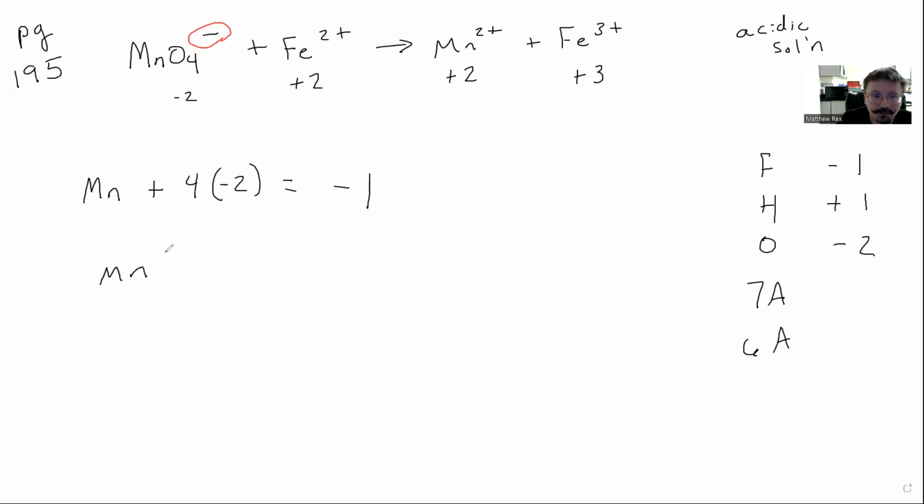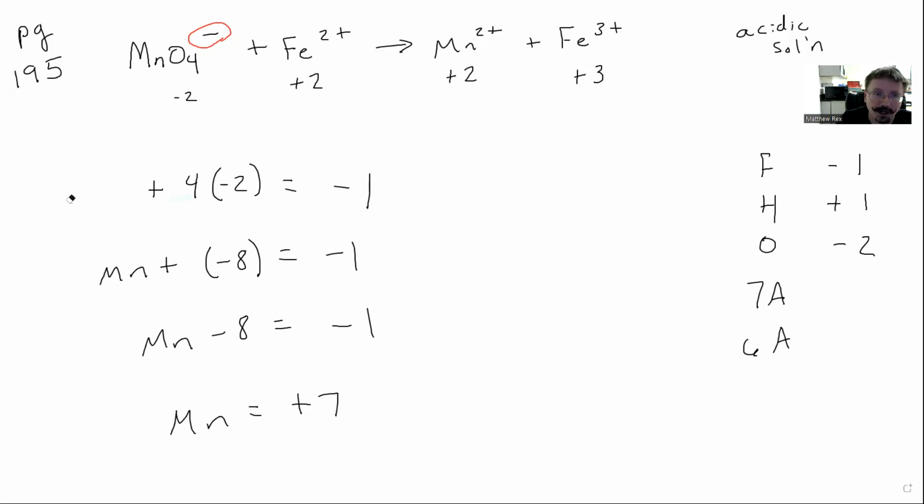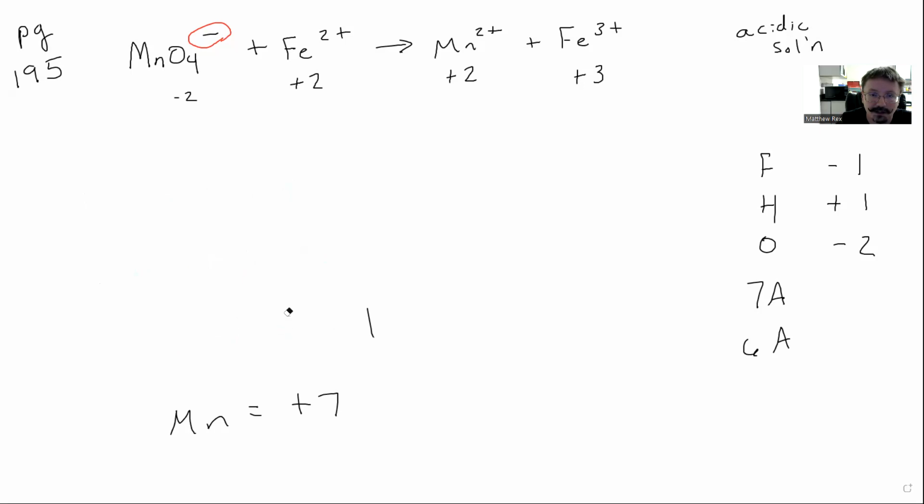So the only thing manganese could be in this case is a +7. So within that polyatomic ion, our oxygens have an oxidation state of -2 each, and then the manganese is a +7.